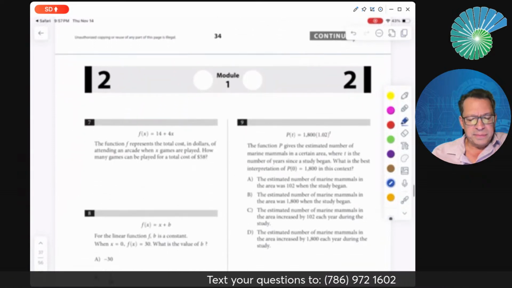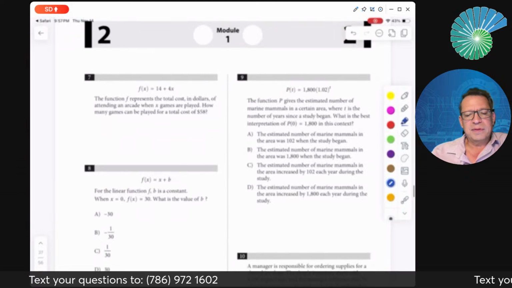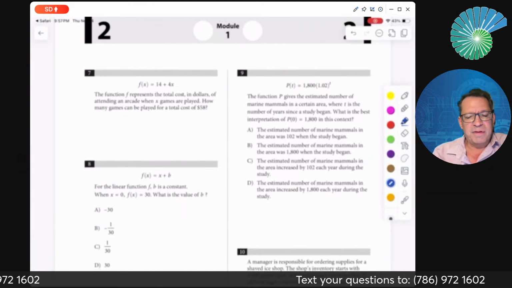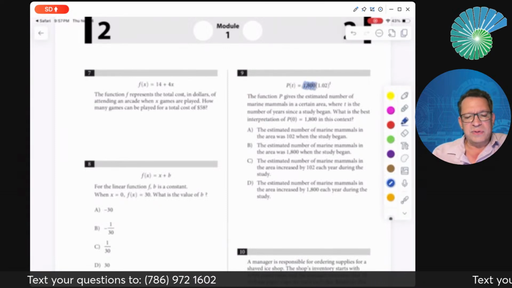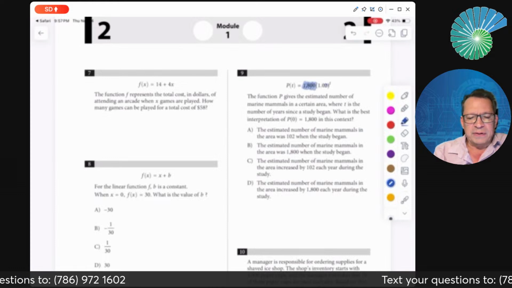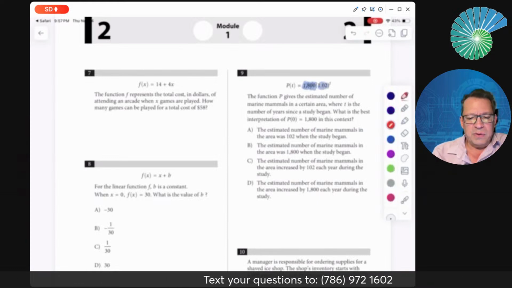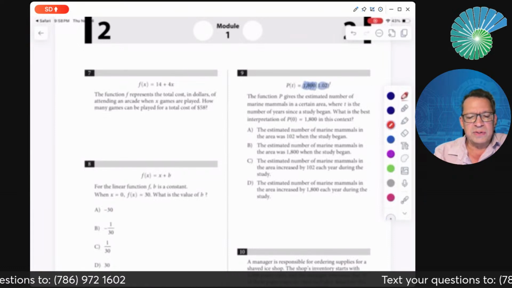Let's see. Let's try number 9. Number 9 is an exponential function with an initial value of 1800 and a growth factor of 1.02. The question is, what is the best interpretation of P of 0 equals 1800?